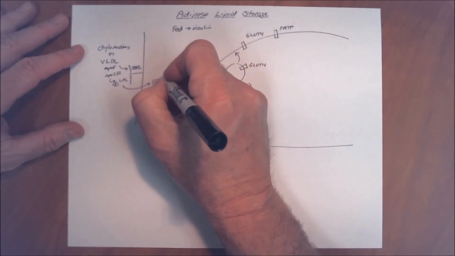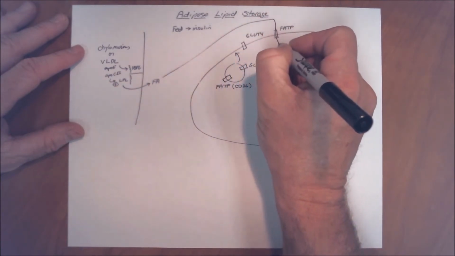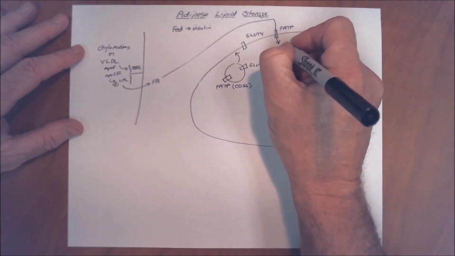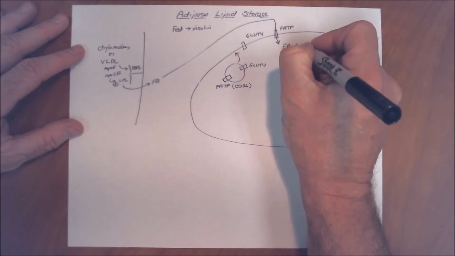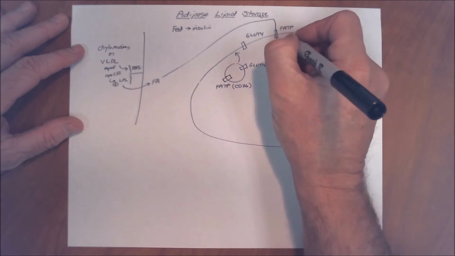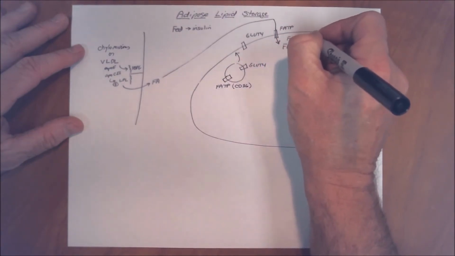Now under these fed conditions, the fatty acids that are released by the lipase activity will pass through the transporter, and the first activity, of course, is the attachment of a coenzyme A to the fatty acid by the fatty acyl-CoA synthetase.